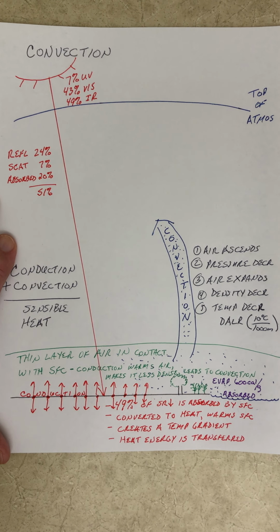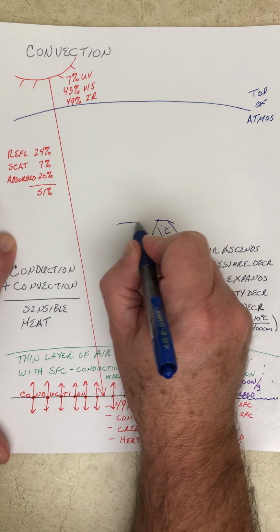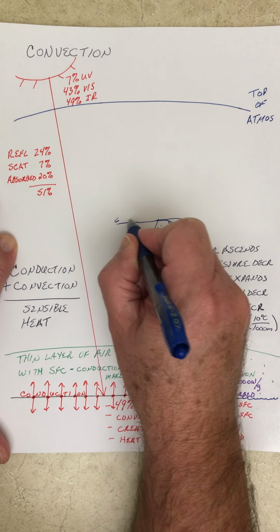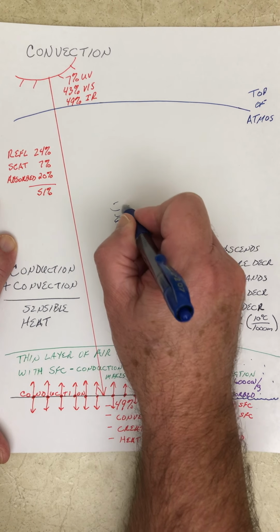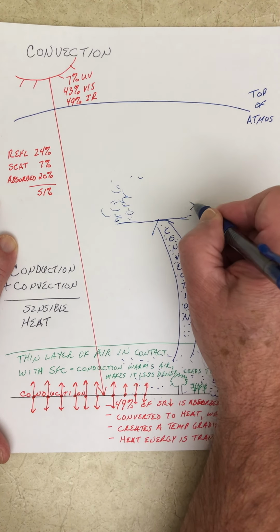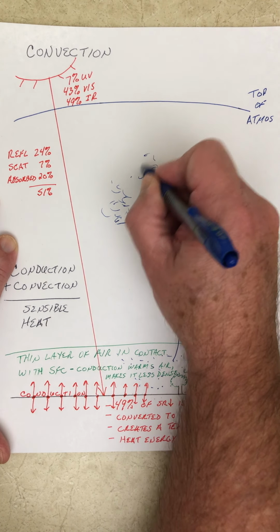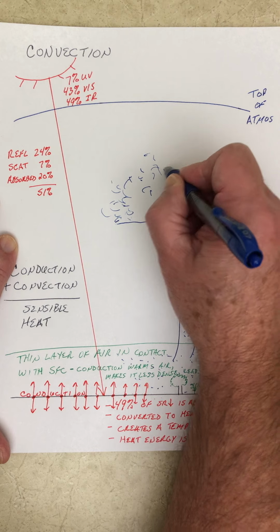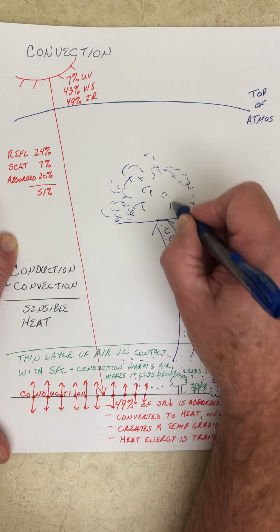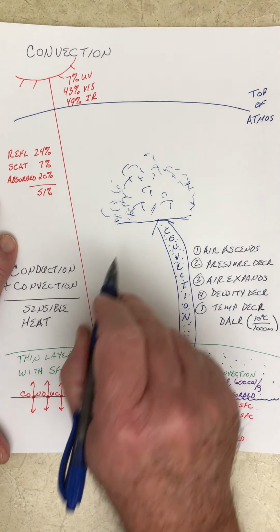Okay? Now, if we assume that we reach a point in the atmosphere where we become saturated, we form a cloud. Okay, not a very good looking cloud, but it's a cloud, okay?